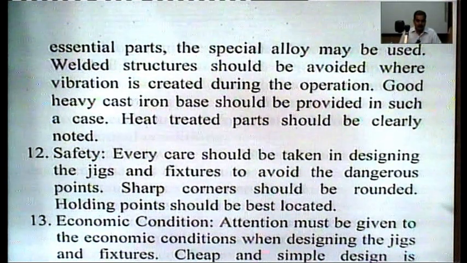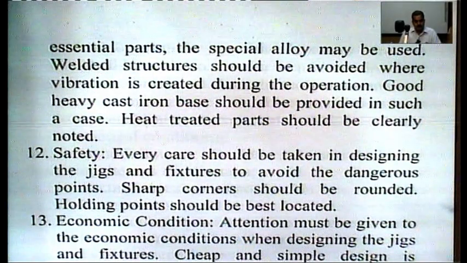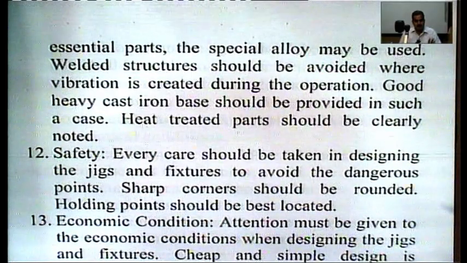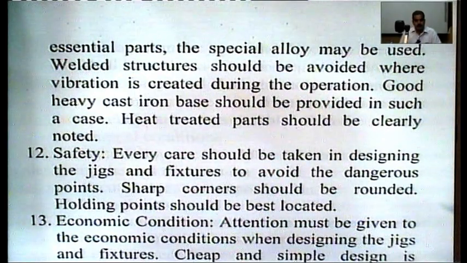Heat treated parts should be clearly noted. So the material of the jigs or fixtures plays a very important role. As I have explained already, if there are more vibrations, then a welded structure is not suitable. In case of heavy vibrations, a heavy cast iron base should be provided.